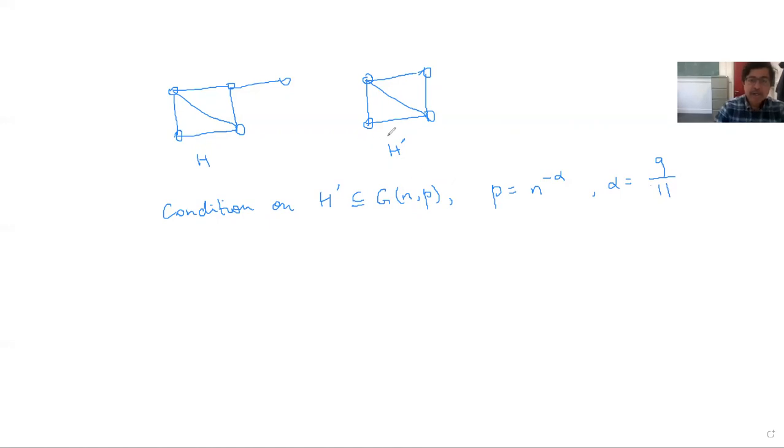Okay, so if we condition on H prime, then we can get a copy of H by adding a vertex and an edge here. So this is one way to get a copy of H, and this is another way to get a copy of H. But how many ways can we choose the vertex to add here? There are n-4 remaining vertices, and you can choose to attach them to either one of these vertices.